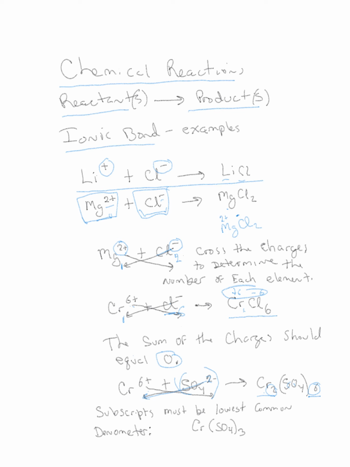So Cr2(SO4)6, if I can divide both sides by 2, what I end up with is Cr(SO4)3. In other words, there's going to be 3 SO4s, just 1 Cr. Okay, so you always want to make sure that's the lowest ratio.